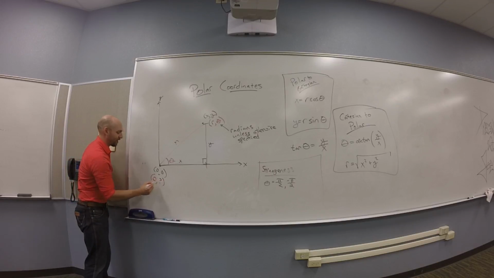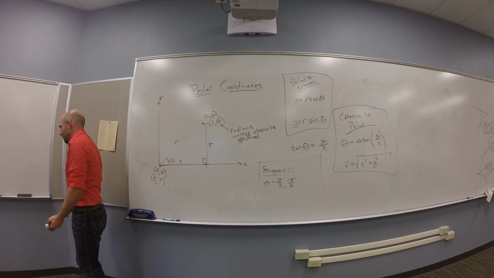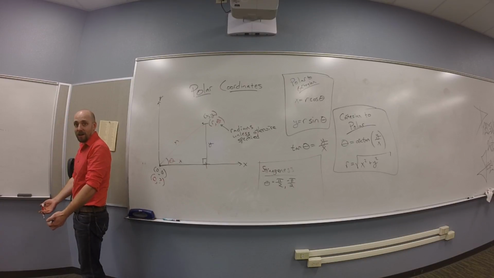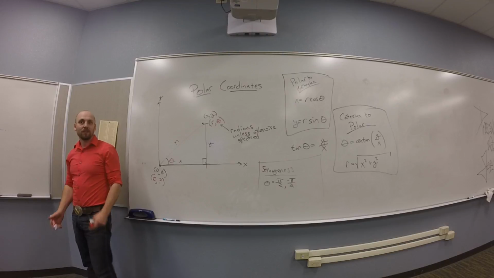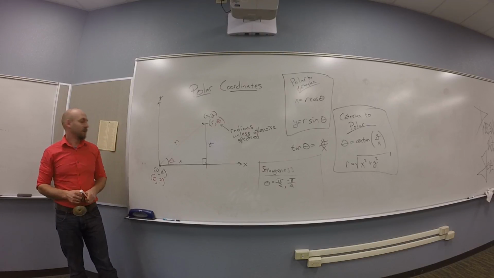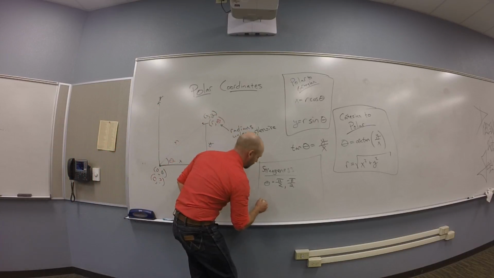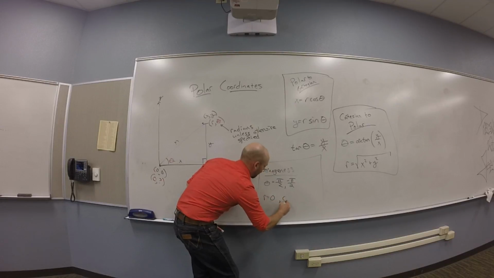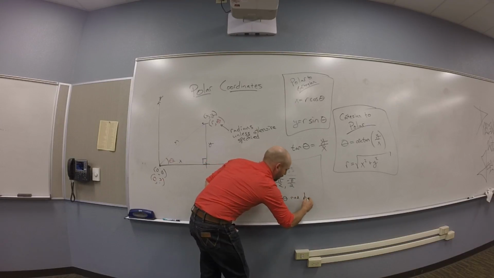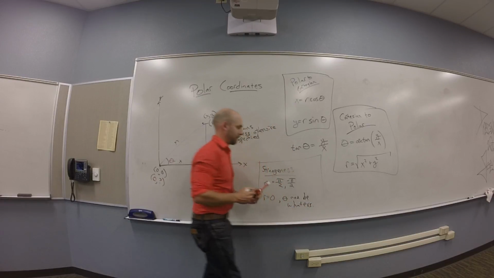This could be whatever, because if you start at the origin and you spin around and then don't go anywhere, it doesn't matter how much you spun around. It's still the same point. So there's a little bit of weirdness when r is 0. Then theta can be whatever.